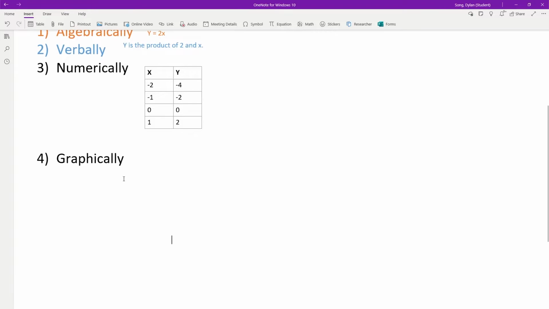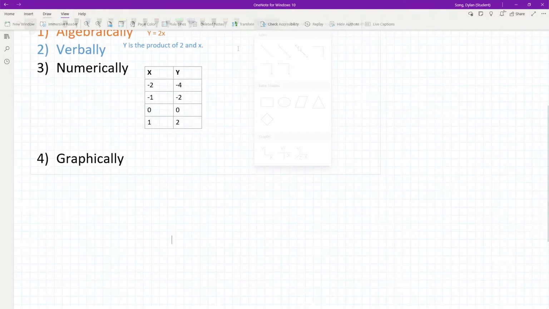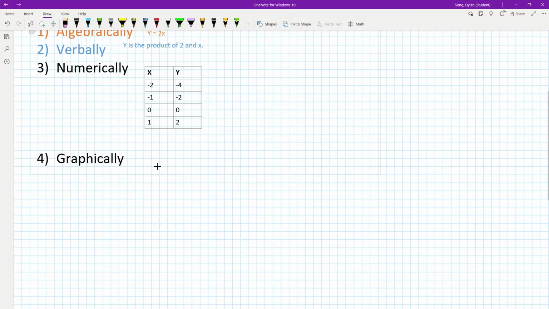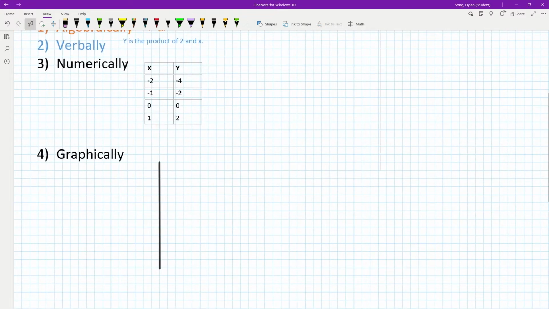Let's draw a graph because we need to draw a graph to represent this graphically. I'm going to add the y-axis first, and then the x-axis over here.